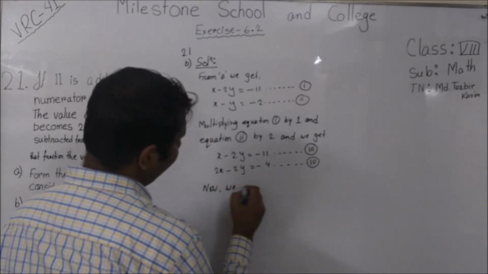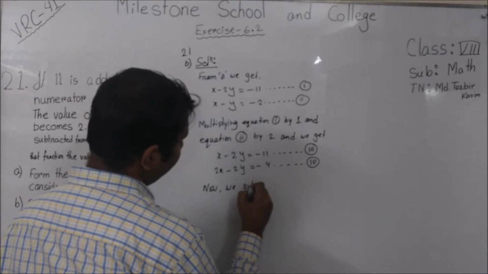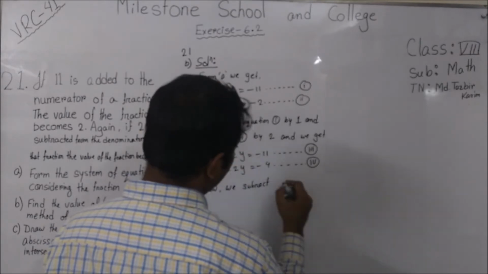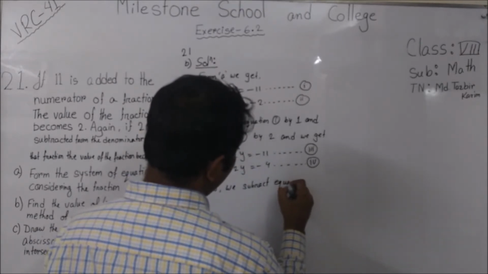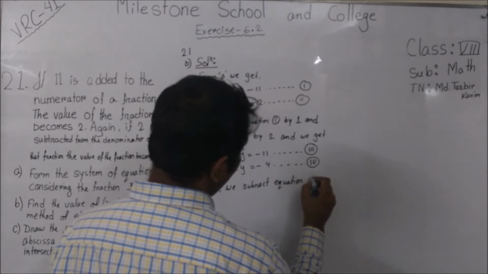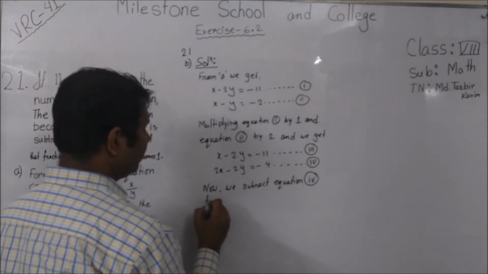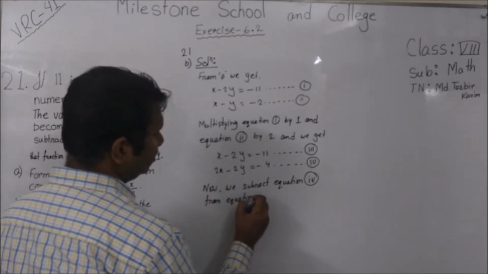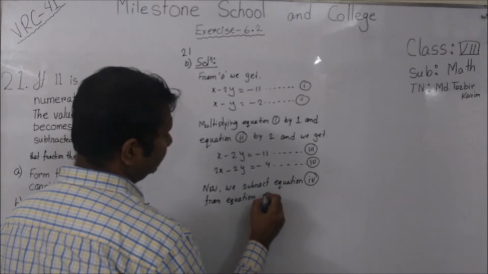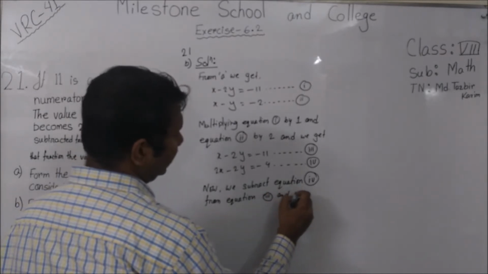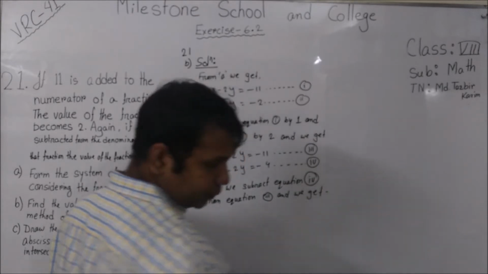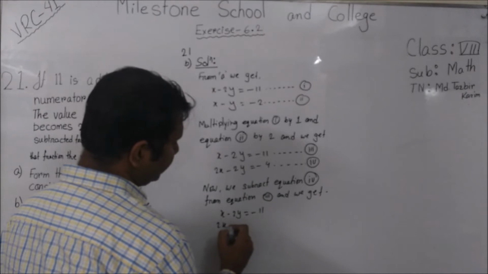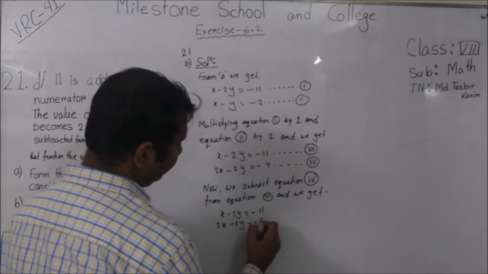Now we subtract equation 4 from equation 3 and get x minus 2y equal to minus 11, 2x minus 2y equal to minus 4.